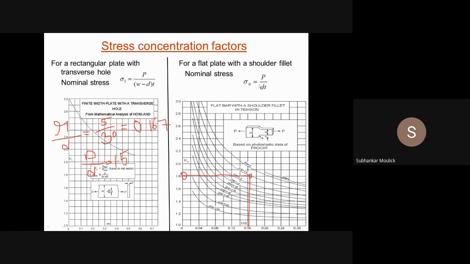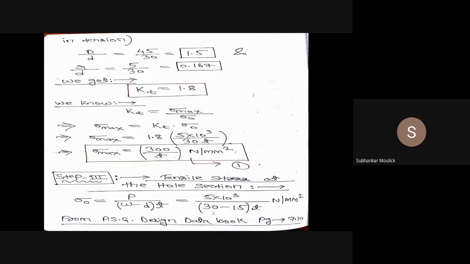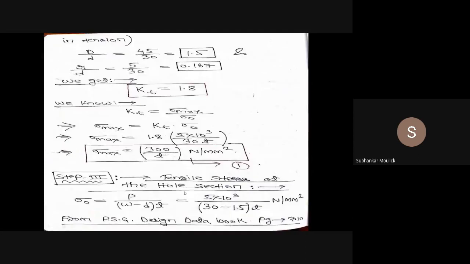P is 5 kilonewton, small d is 30 into t. So sigma naught will become 5 kilonewton, means 5 into 10 to the power 3 newton, divided by small d is 30 into thickness t, and this t I need to find out. Fine. So multiply this sigma naught with kt.